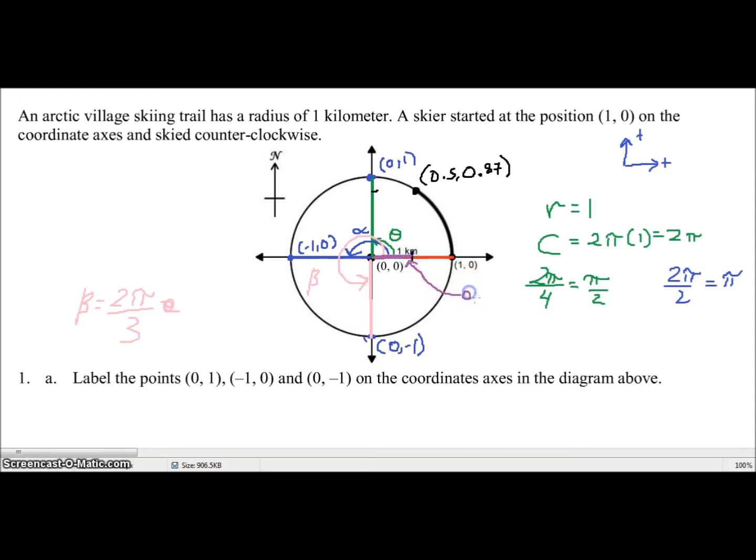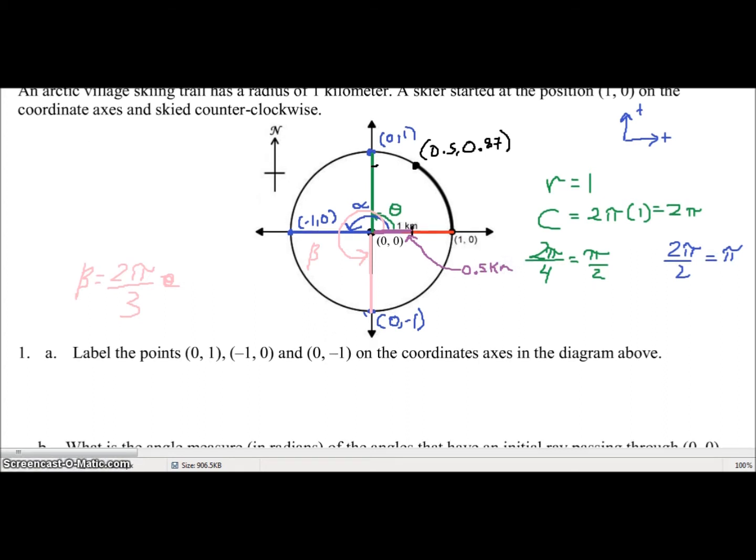So 0.5 kilometers. You could say something like the skier is 0.5 kilometers horizontally east from the center of the circle.